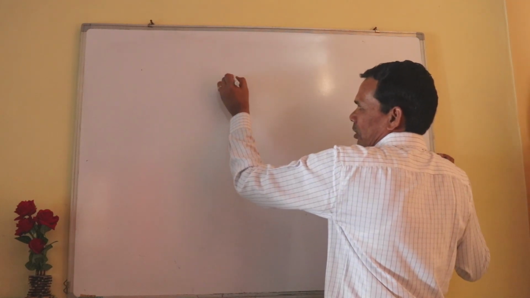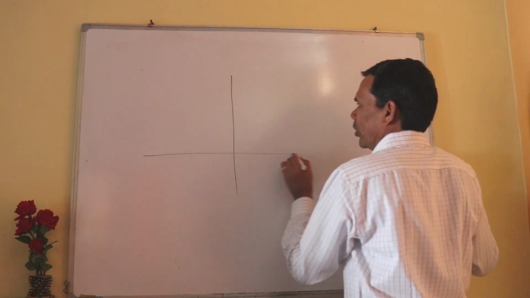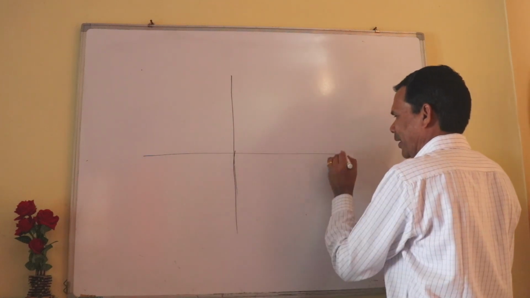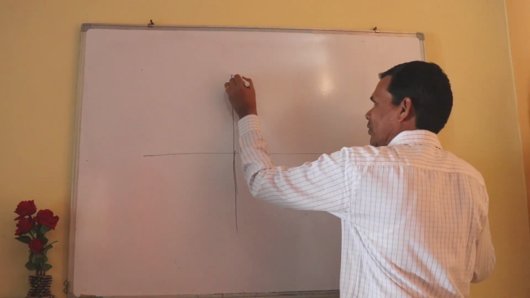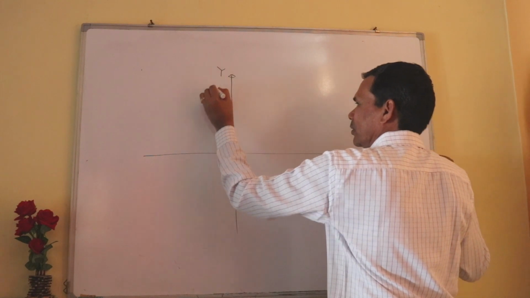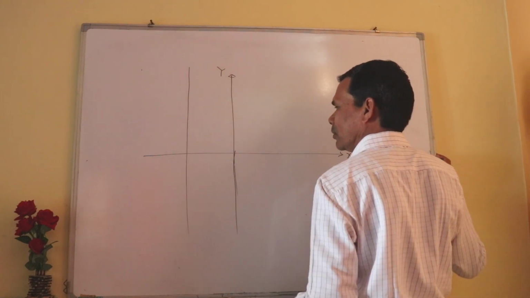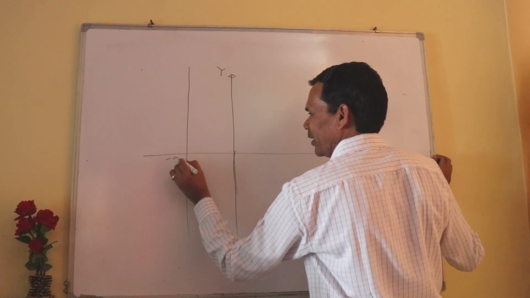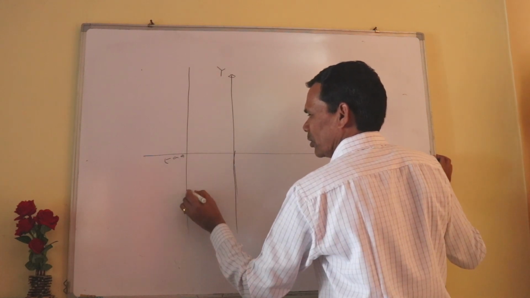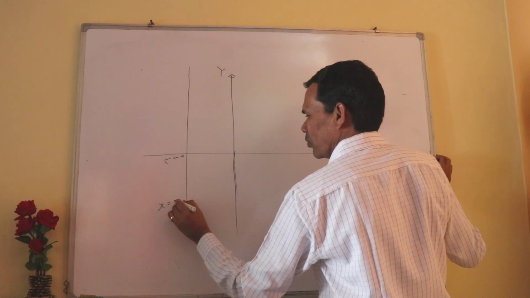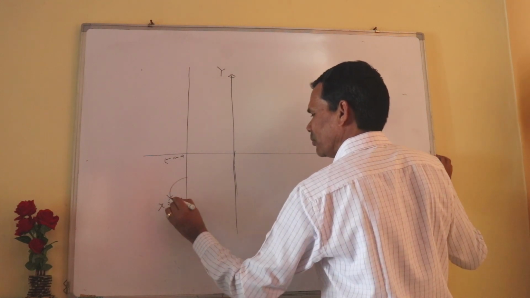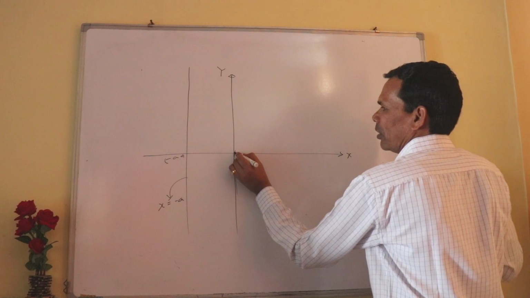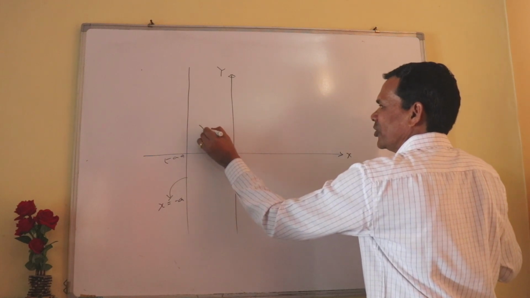It is this curve. Now if you observe, this is the x-axis, this is the y-axis, and x is equal to minus a, with the point minus a, 0, is the asymptote for this curve. Now here are the tangents.